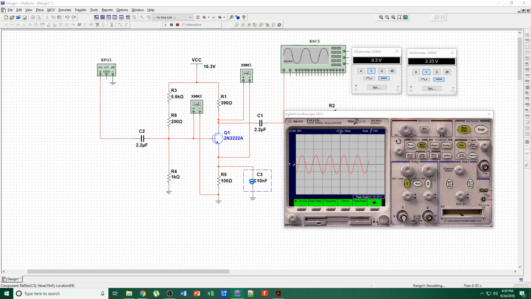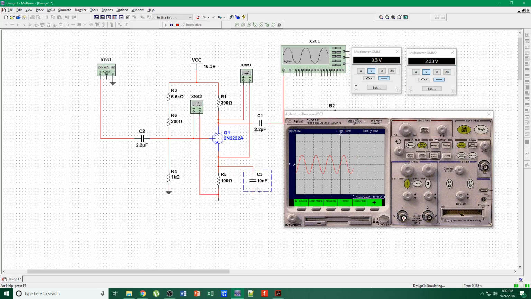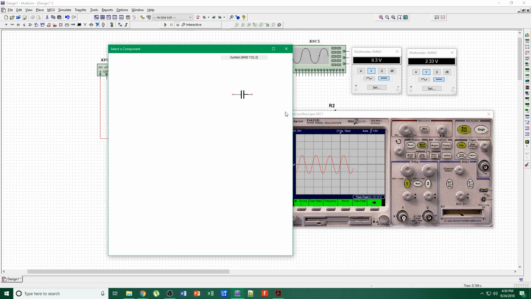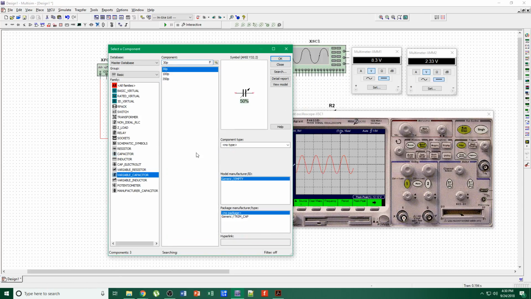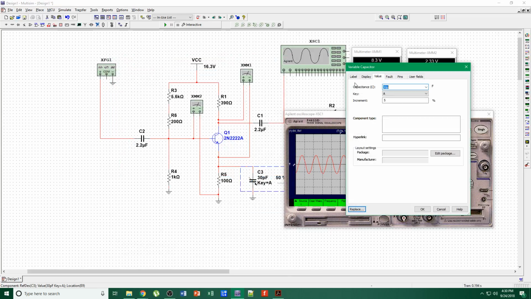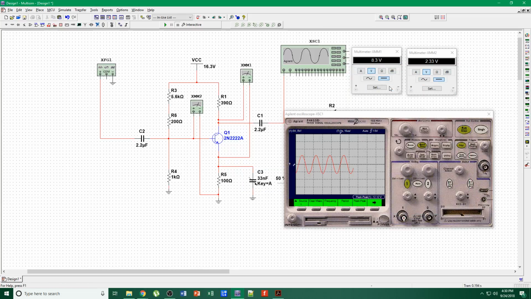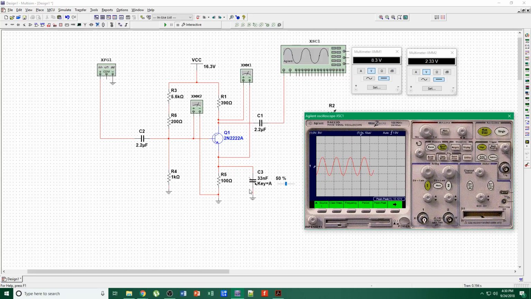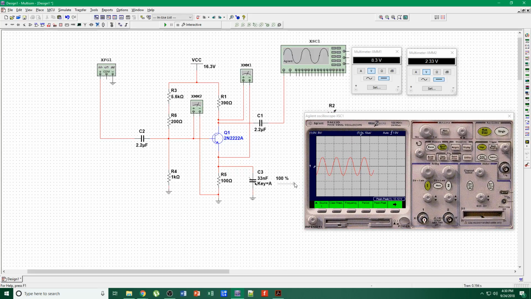So, I mean, this gain cap, actually, probably, let me try this. Let's replace component with a variable cap. And change the values of, we want, let's say 33 nanofarad. 100%.